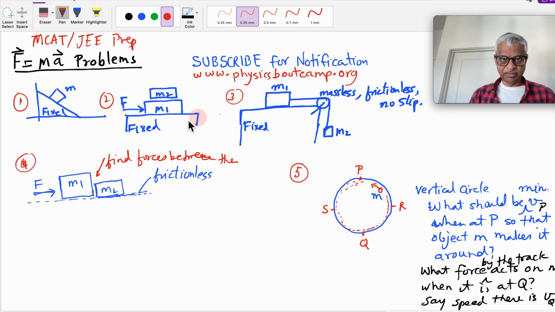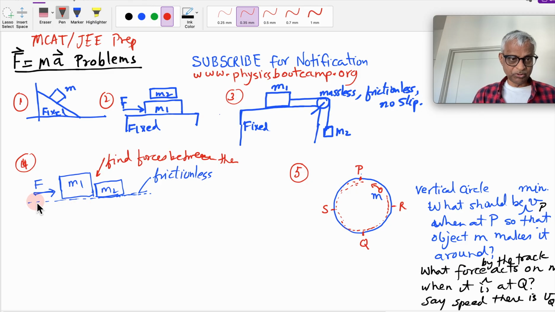But here is a set of problems we've done. Inclined plane problem. Two masses on top of each other and one of them being pushed. One pulley, like that. We haven't done the two pulley problem yet, or three pulley problem, but we'll do them.